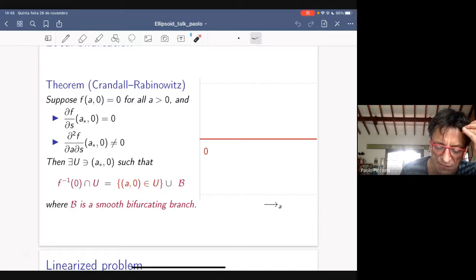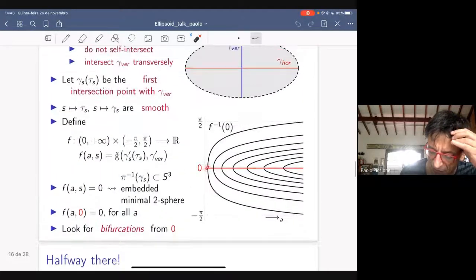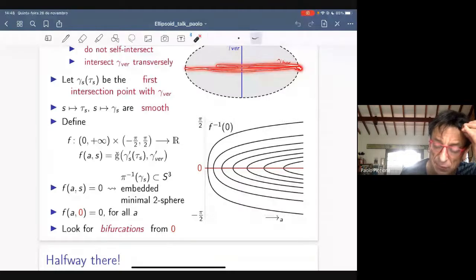So suppose you have a function of two variables, A and S, and suppose that this function is 0 when computed at the point A, 0. This line here corresponds to all these horizontal geodesics for all different values of the parameter A, okay?